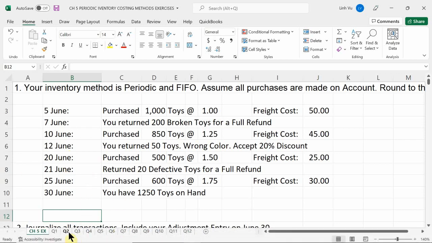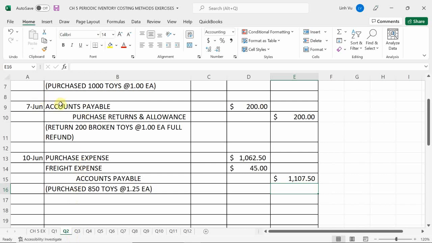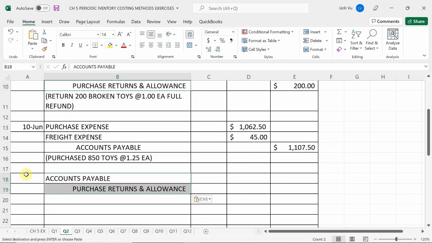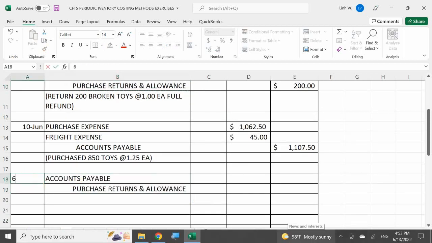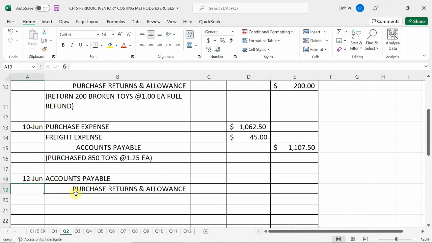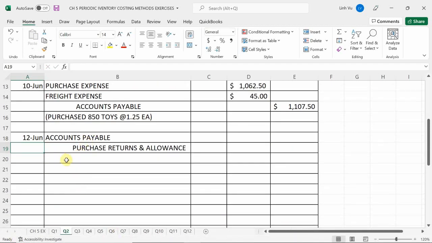So in this case, we're going to copy the exact accounts from above here because it's the same thing. We didn't pay for our batches of inventory here. So June 12th, accounts payable, and it's purchase returns and allowances.